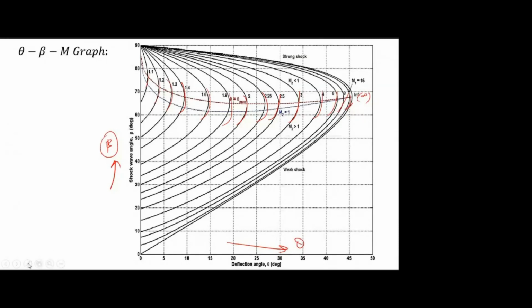Yes, sir. And how to use this? For example, they are giving theta of 20 degrees and Mach number 3. Theta is 20 degrees, and for that you have to find beta.